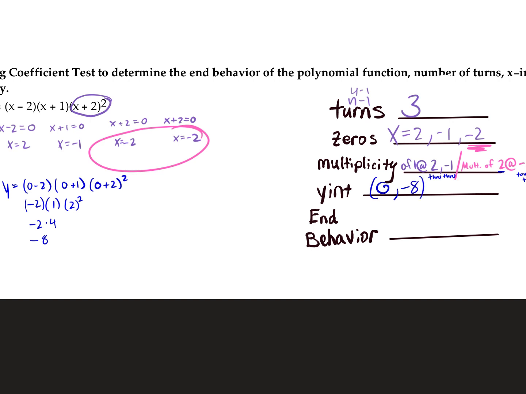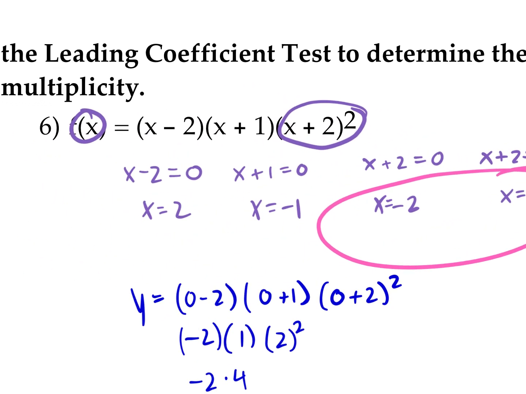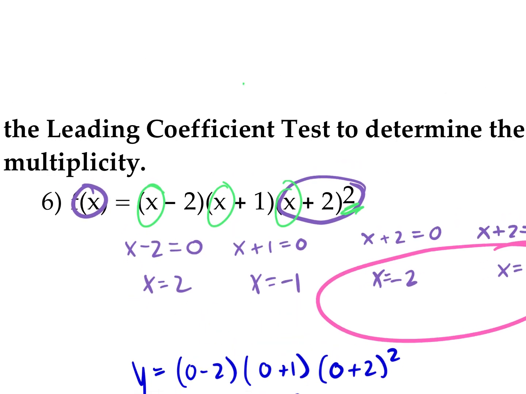Lastly, we want to find the end behavior. So this one's a little bit different because it doesn't give it to us in standard form. But I have 4 x's here because the last one is squared. So this would be an x to the 4th power graph. And none of those x's in the equation here have a negative sign in front of it.